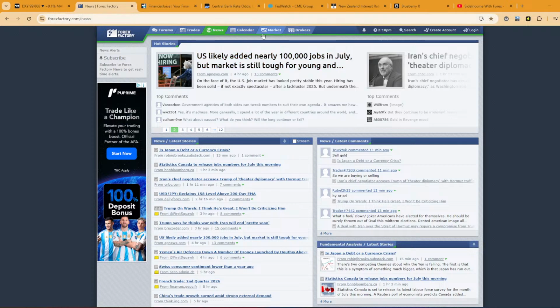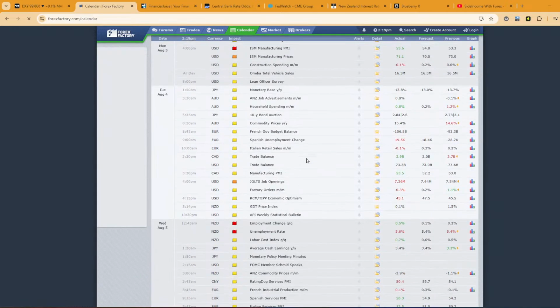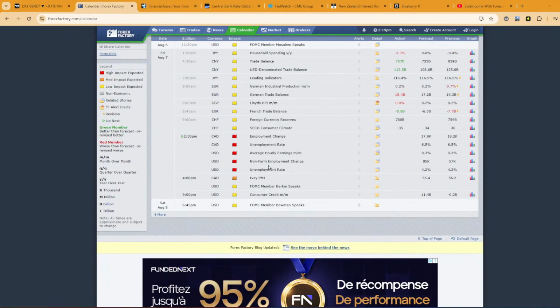Let's see, because I think we expect this afternoon around 85,000 jobs added. If we get more than that, it would be a surprise, and we could potentially see some strength coming from the dollar. If not around the expected number, or even lower, we could see some weakness on the dollar.